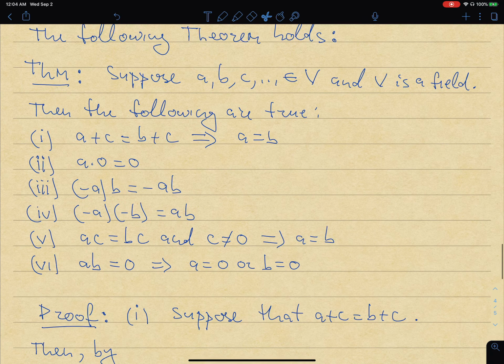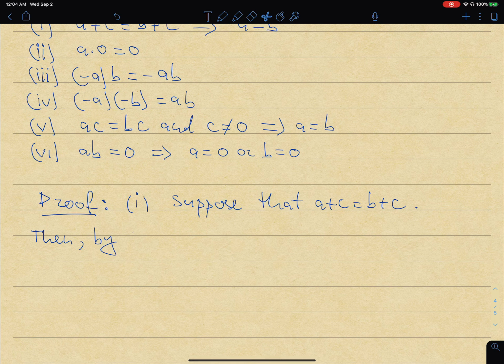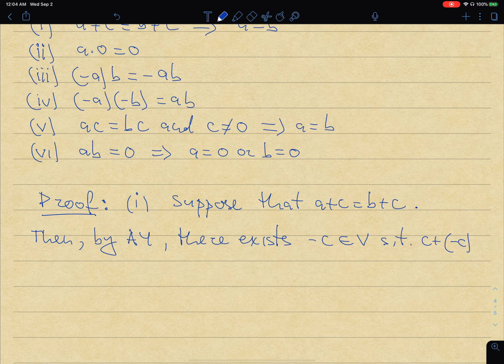So let's use that. So by A4, there exists minus C in V such that C plus minus C is 0.